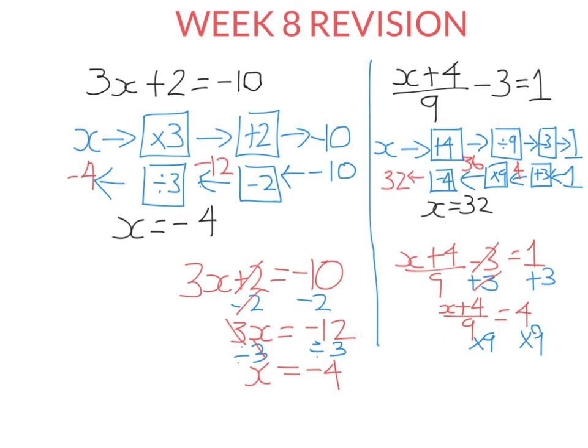When you're multiplying this fraction by 9, you just cross out the denominator, because times 9 and divide by 9 undo each other. So I'm left with x plus 4 equals 4 times 9, which is 36. Then the way I'm going to undo adding 4 is to subtract 4 from both sides. Plus 4 minus 4 undo each other, and I'm left with x is equal to 32.